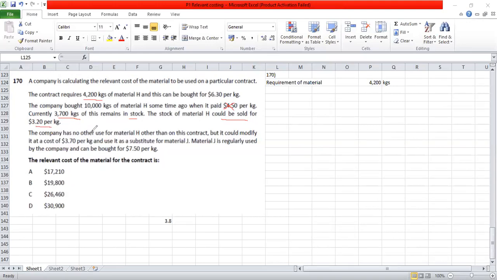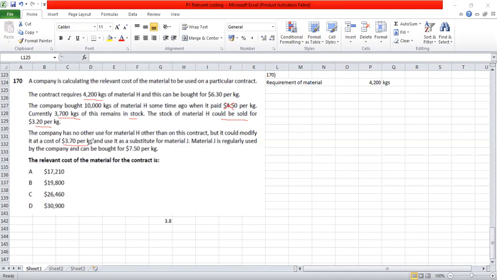The company has no other use for material H other than on this contract, but it could modify it at a cost of 3.70 per kg and use it as a substitute for material J. Material J is regularly used by the company and can be bought for 7.50 per kg.